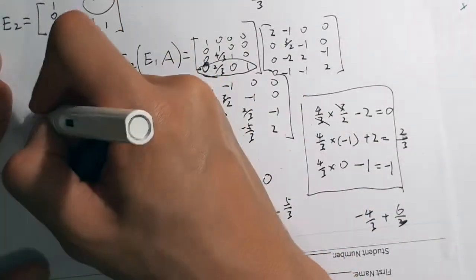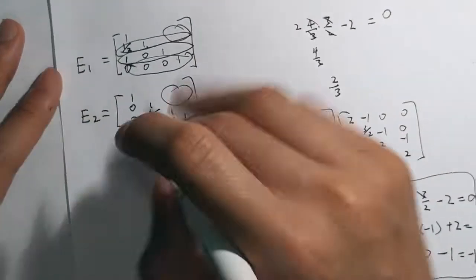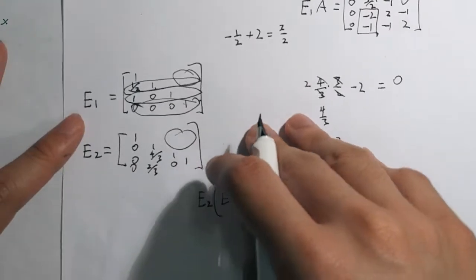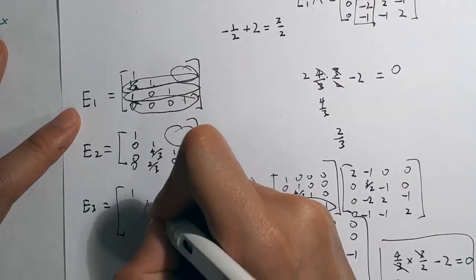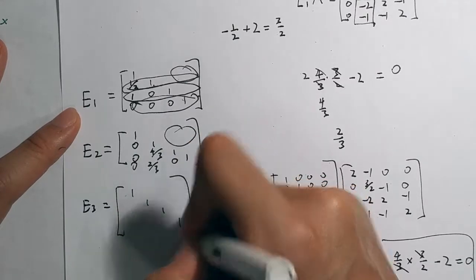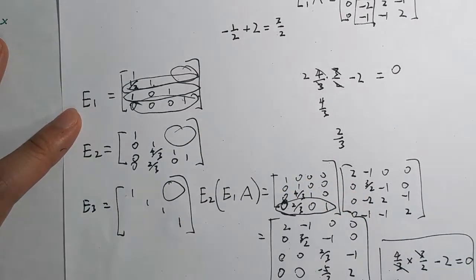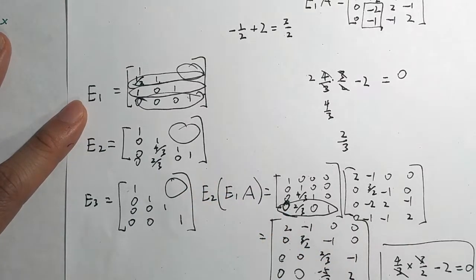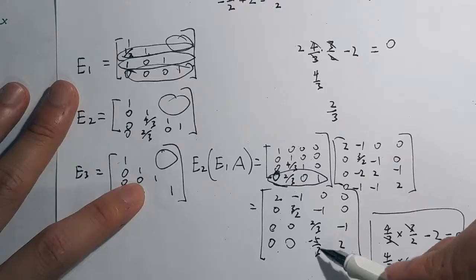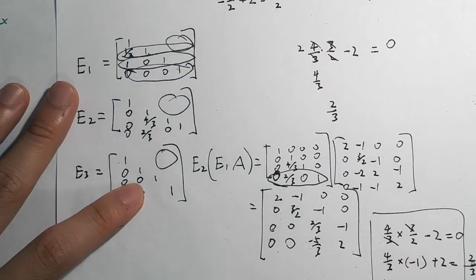Okay, for the final step, we want another echelon matrix, which is E3. 1, 1, 1, 1. This is 0. And we already did this, so to set this to 0. And for the last one, we want to reduce this part to 0.